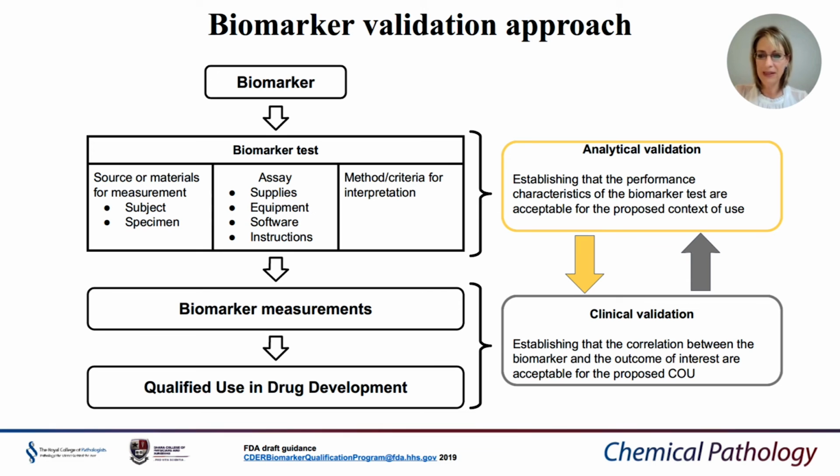The rigor of the analytical and clinical validation performed for biomarker qualification should support the utility of the proposed test. A listing of qualified biomarkers with the FDA reviews describing the evidence leading to their qualification can be found on the FDA Biomarker Qualification Program website and might be helpful to review to see how this is done.